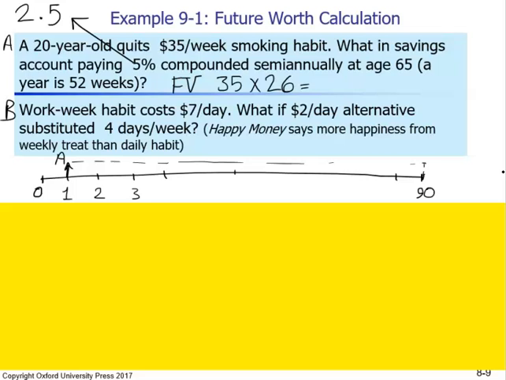So for 4 days, instead of the $7 habit, the person goes for the $2 habit, and for the remaining 3 days, they still do that $7 habit. So again, in this case, it wants you to calculate the future value of this savings.